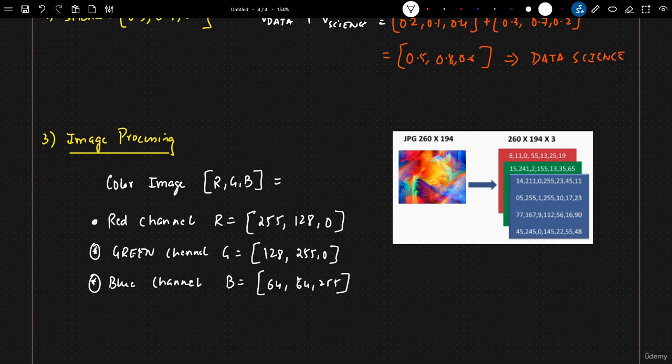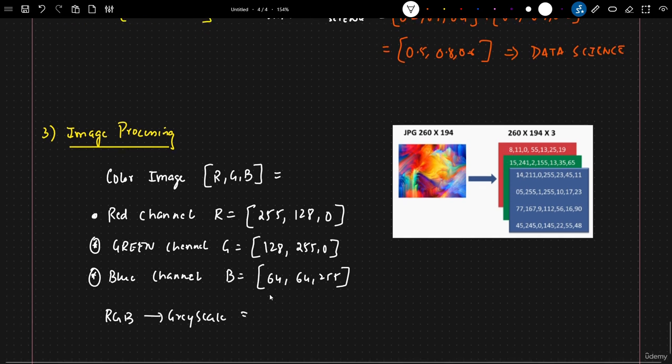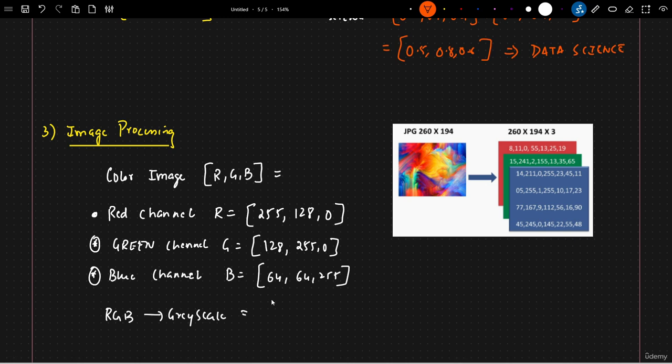Now, if I want to convert this RGB image into grayscale, which means black and white, I need to combine all three pixels together. To combine them, I can just add them up. So we take the first values: 255 plus 128 plus 64. Then 128 plus 255 plus 64.